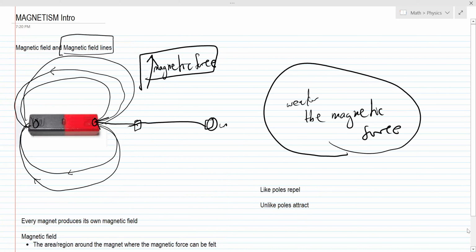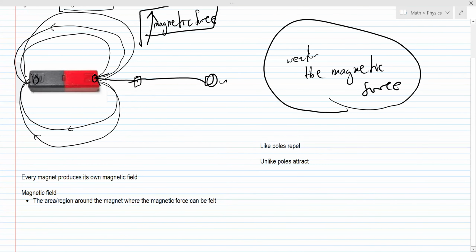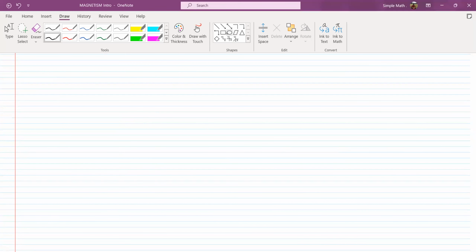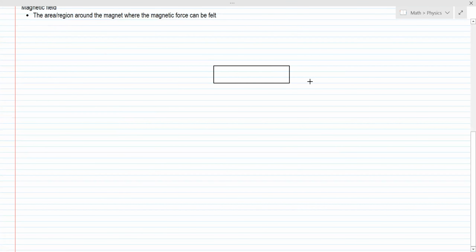So we're representing the magnetic field lines. Let me draw it out. Say we draw a bar magnet like this. This is our North Pole, this is the South Pole.